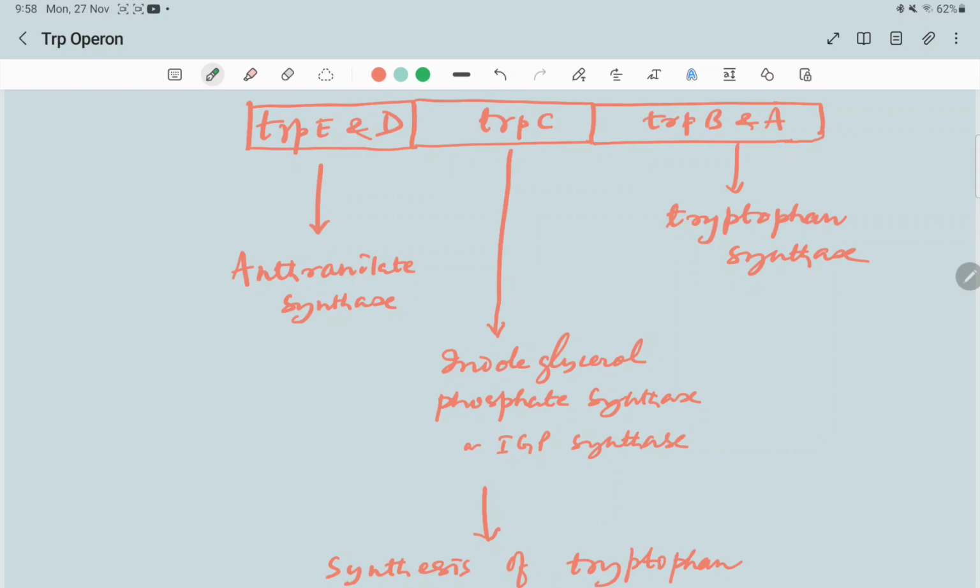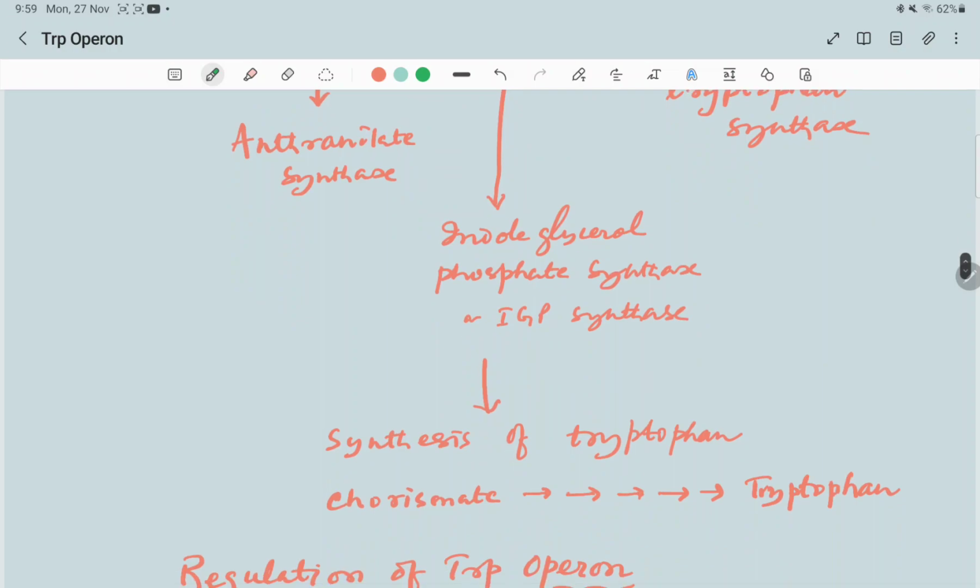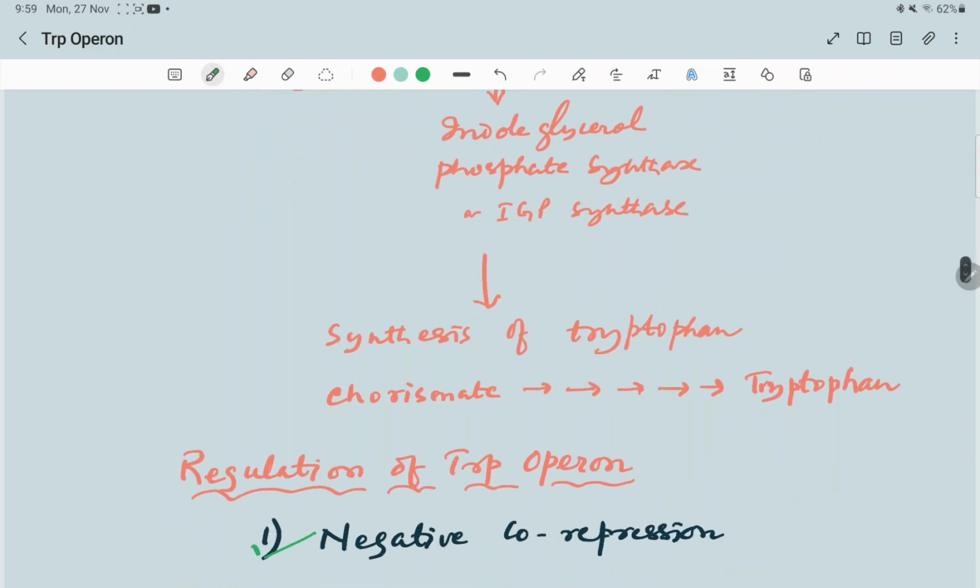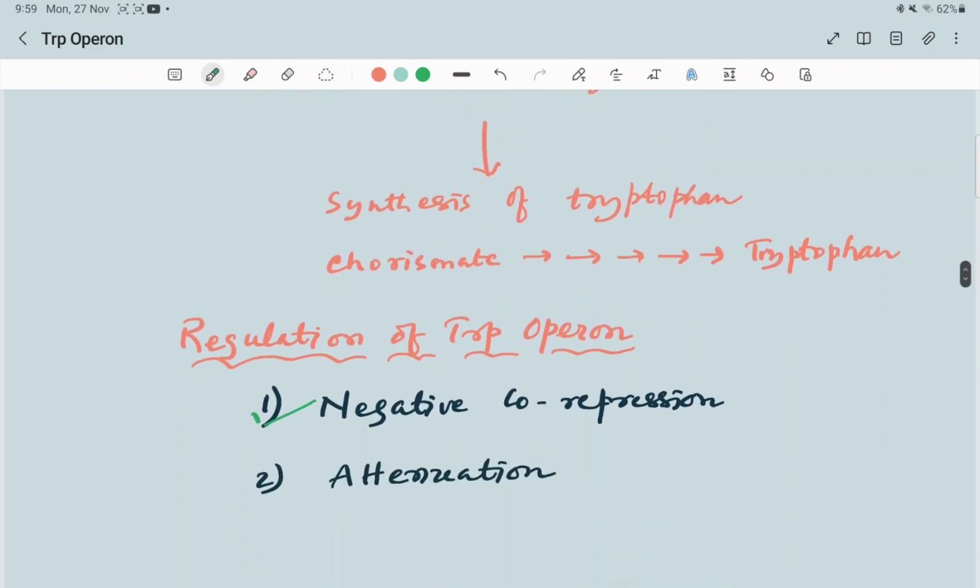So these 3 enzymes are produced from the genes. So the genes first undergo transcription to produce their specific messenger RNA, and messenger RNA then on translation produces these proteins or enzymes. So that leads to synthesis of tryptophan from corepressor to tryptophan.